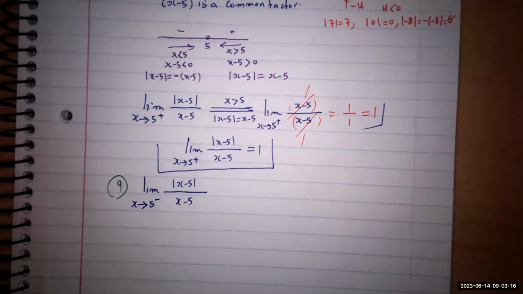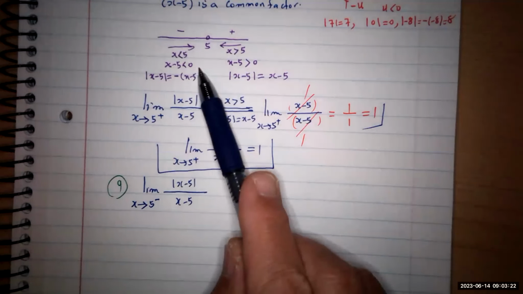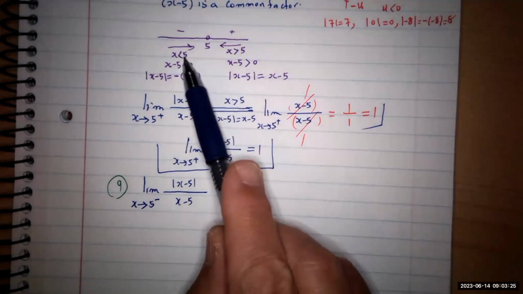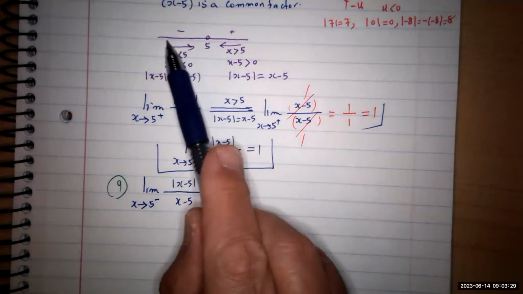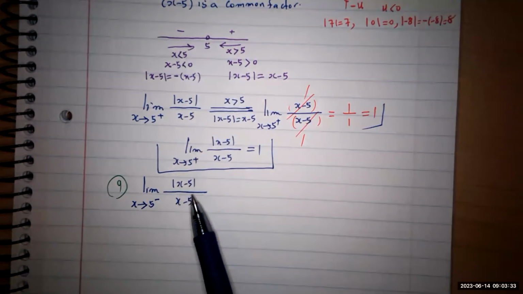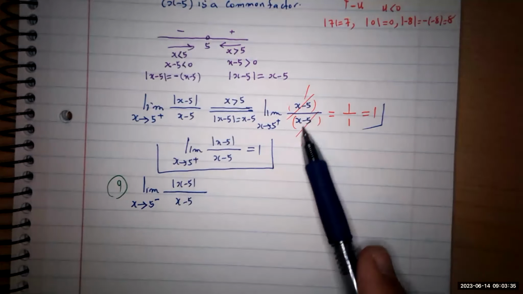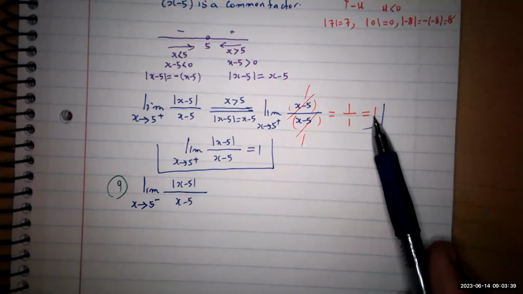Excellent. Yes, very good. Yeah, because x goes to 5 negative, you are here. You say x is less than 5. When x is less than 5, the difference is always negative, because you are going to be on the left there. So you get -1 divided by 1, -1 over 1, which gives you -1.